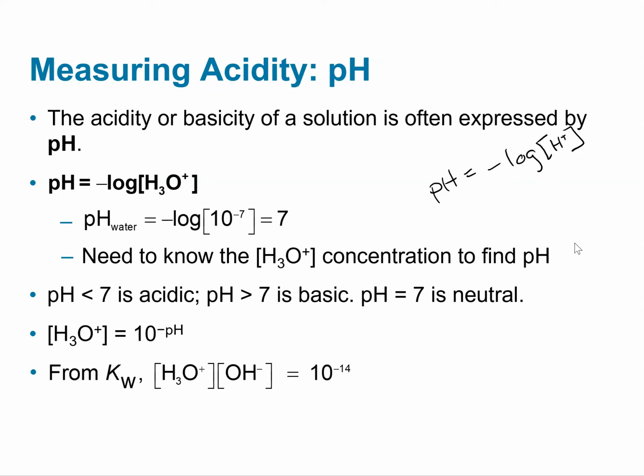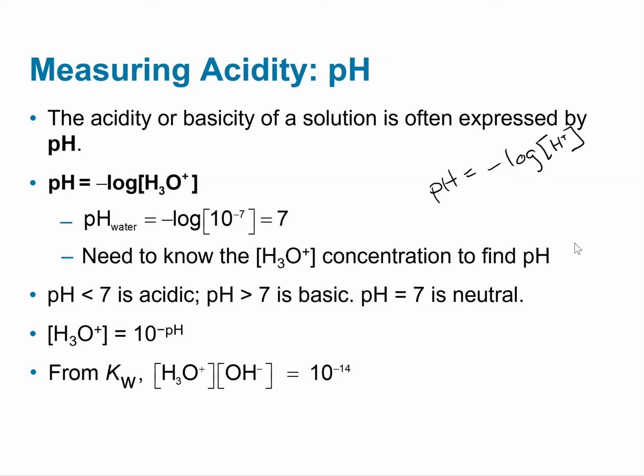It's the negative log of the concentration of hydronium in solution. And that's fine. So the pH of normal water, where it's just autoionizing, is the negative log of 10 to the minus 7 moles per liter of hydronium. And when you solve for the negative log of 10 to the minus 7, that equals 7. So the pH of normal water is 7.